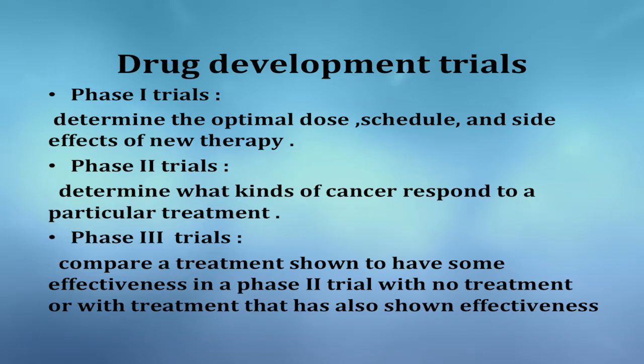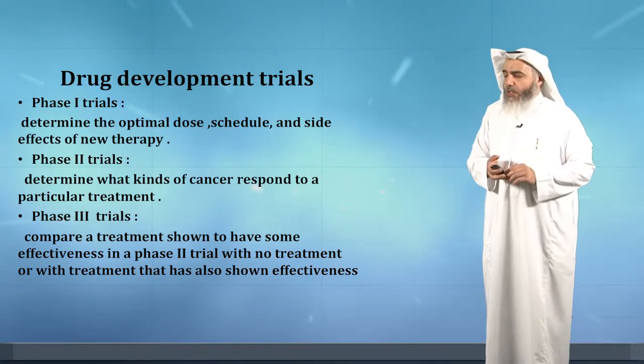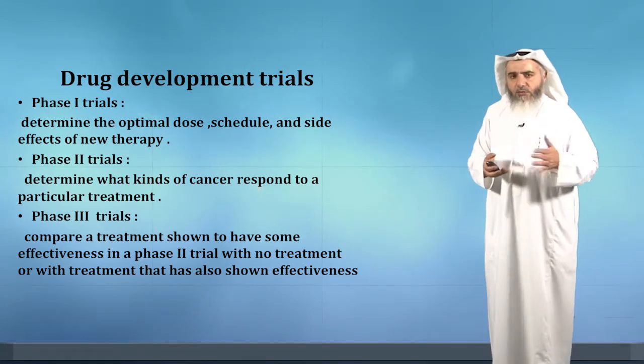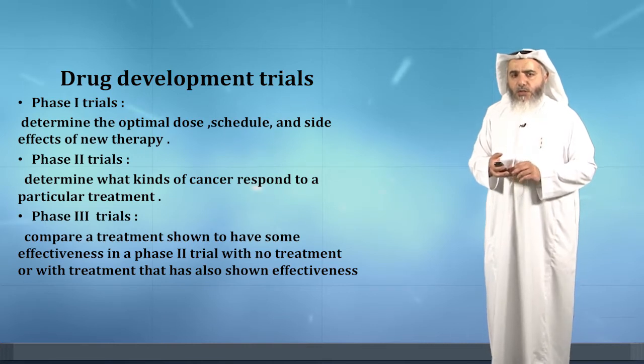Usually they do this phase at lab level, and they use cell lines from leukemia, lung cancer, breast cancer, head and neck cancer, and lymphoma. And they will see whether this new drug is effective in these common diseases. So they will test it on different diseases, and they will know from there in which disease this medicine is useful.